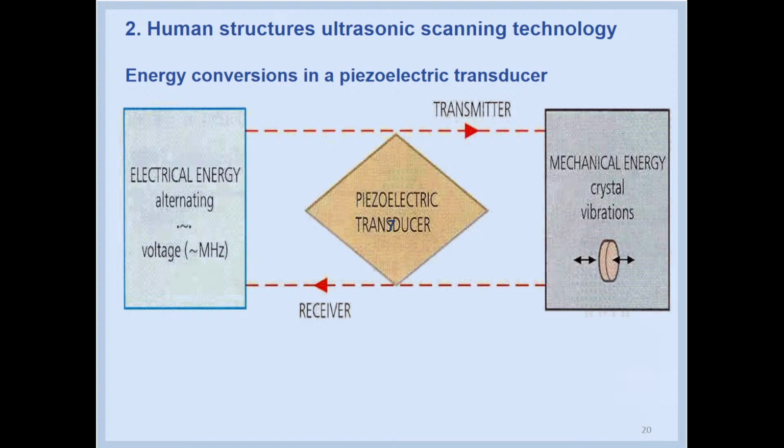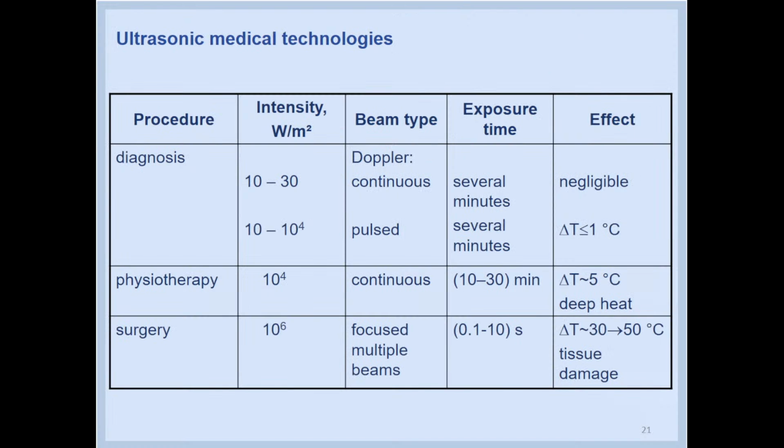That is, the crystal vibrates, producing ultrasound. And one more possibility to produce ultrasound is the magnetostrictive effect. Magnetostrictive materials exhibit similar behavior in an applied alternating magnetic field.